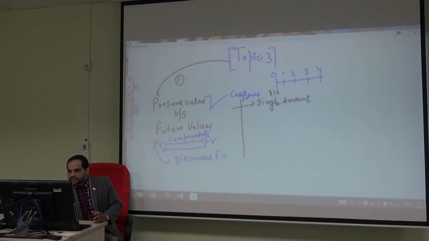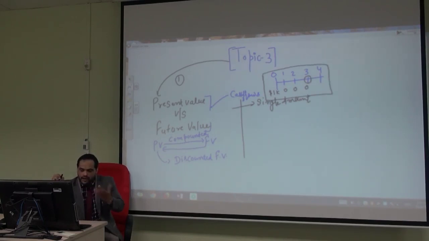Second year, of course, you did not invest. Third year, you did not invest. So what will be the value of money at the end? That is an example of your single amount investment.